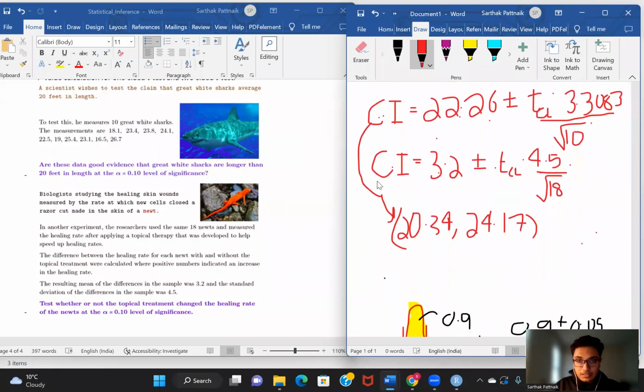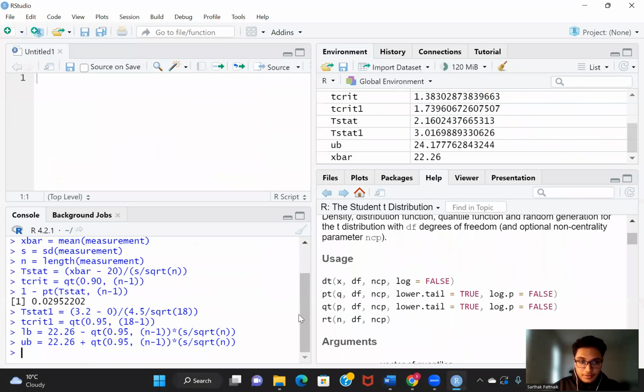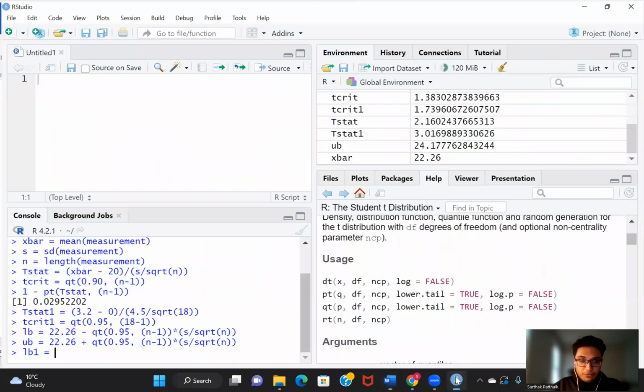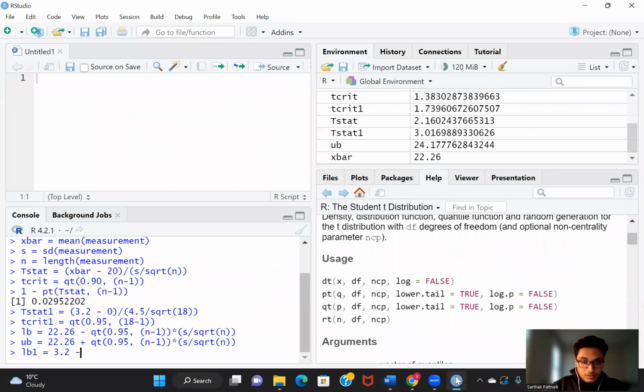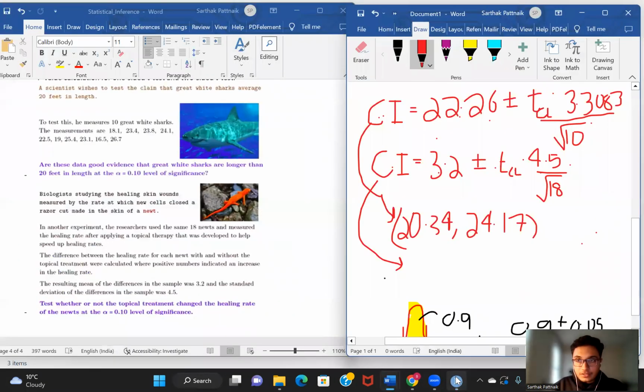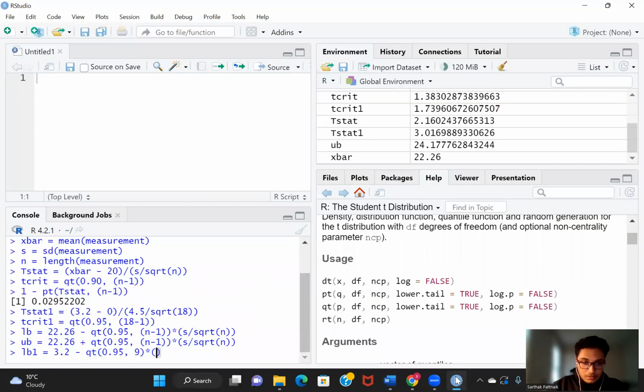Now for the second part, let me check the confidence interval. Lower bound is going to be 3.2 minus qt of 0.95, comma, 18 minus 1, into 4.5 divided by square root of 18.